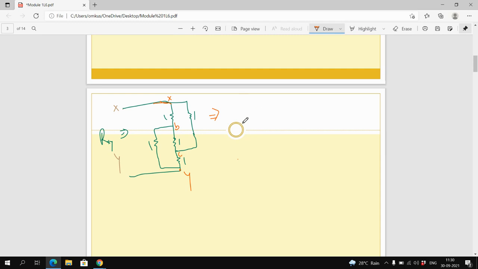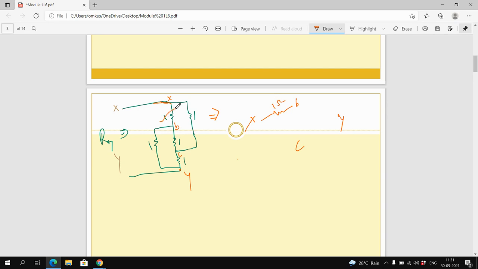Okay, so here see, draw the circuit, or you can draw it like this. This is X and this is Y, and between X and Y, B and C are present. So take B here and C here. Now see how the branches are connected with these nodes. Between X and B, 1 ohm resistance is connected.